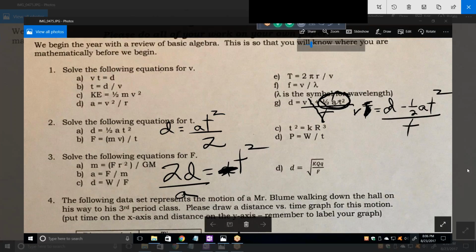You get rid of adding and subtracting, then multiplying and dividing, and then square root. You don't want to do them in any old order. So what's T equal to? The square root of 2D over A. Almost. Plus or minus.